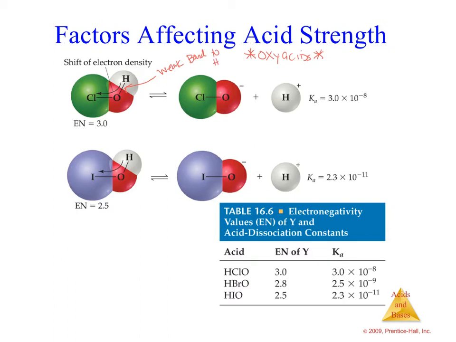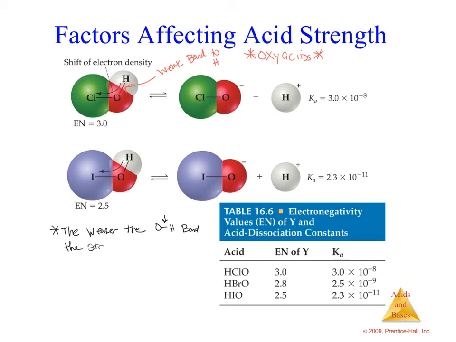And in this case, that is an OH bond. So the weaker the bond to the hydrogen, the stronger the acid. So the weaker, we'll call this the OH bond, so it's that bond right there.